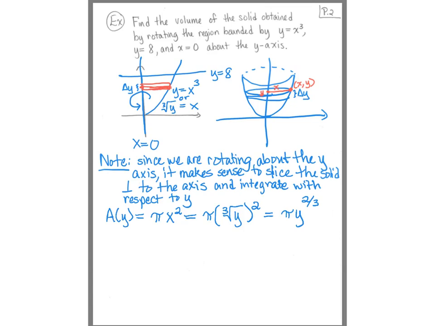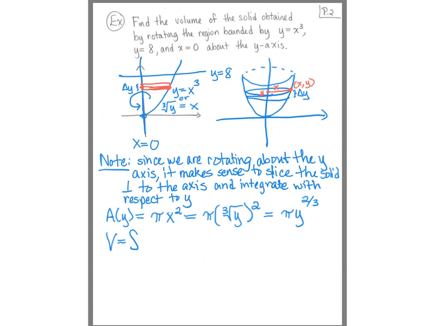Now, we want to find our volume, right? So to find your volume, we have V equals the integral, and we're integrating from 0 to 8 because we're integrating with respect to y.